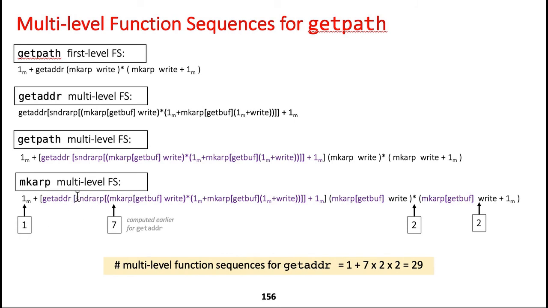So here is the algebraic expression for the multi-level function sequences for getPath. Again, using algebra, we can easily count the number and we get that there are 29 multi-level function sequences for getPath.